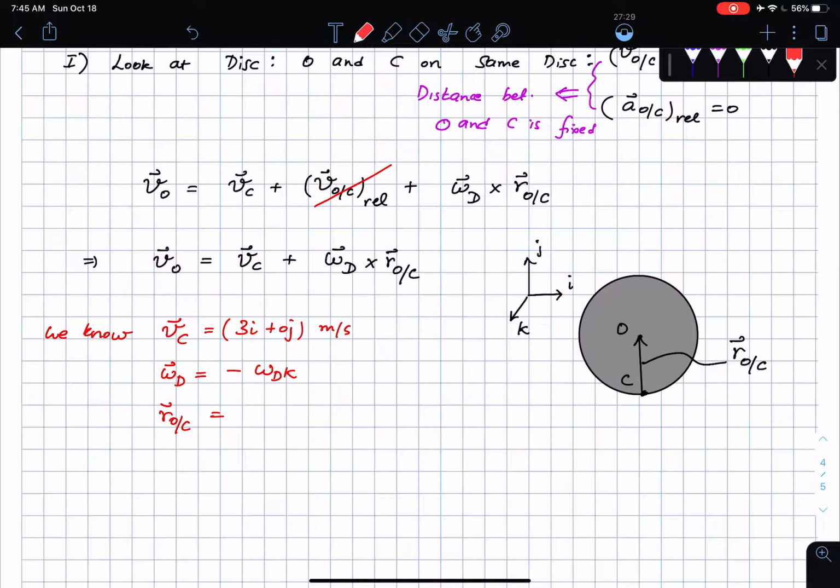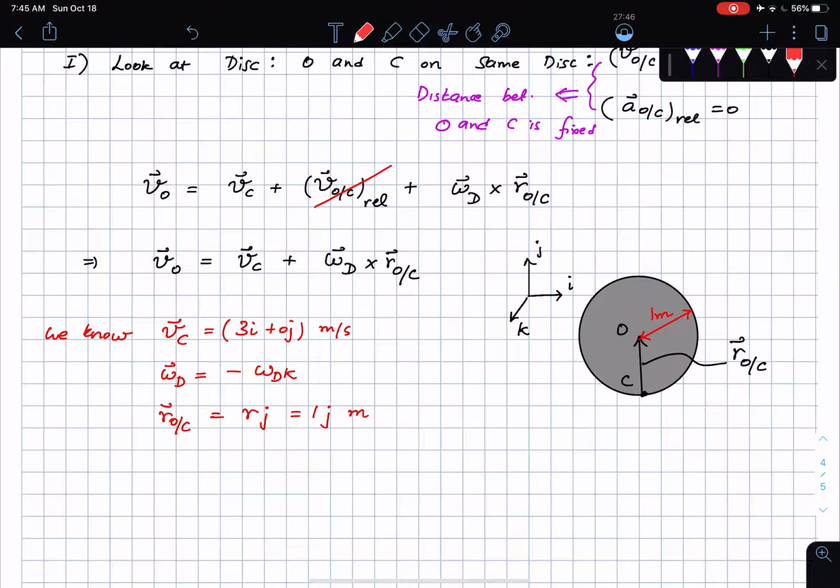Look at this, sitting at the point C going to the point O in the positive J direction. So this is going to be R times positive J, and the radius of the disk is 1 meter here. So this is going to be 1 times J meters. Okay, so this is what we have.